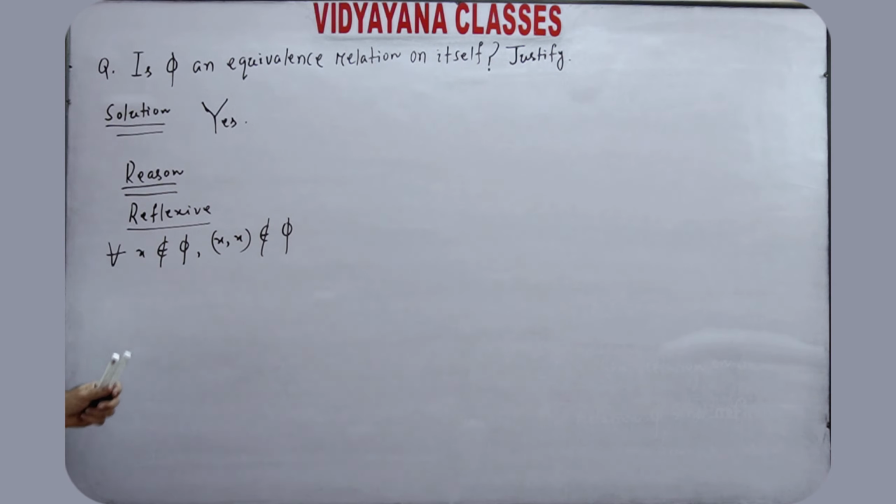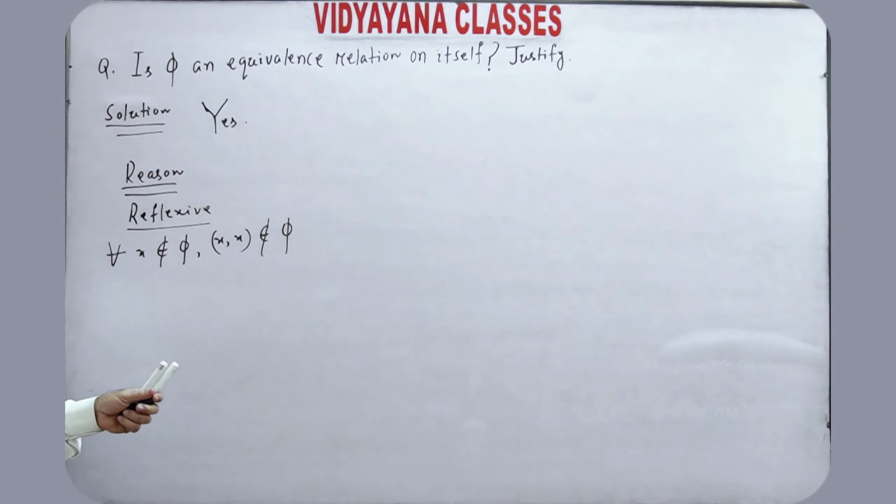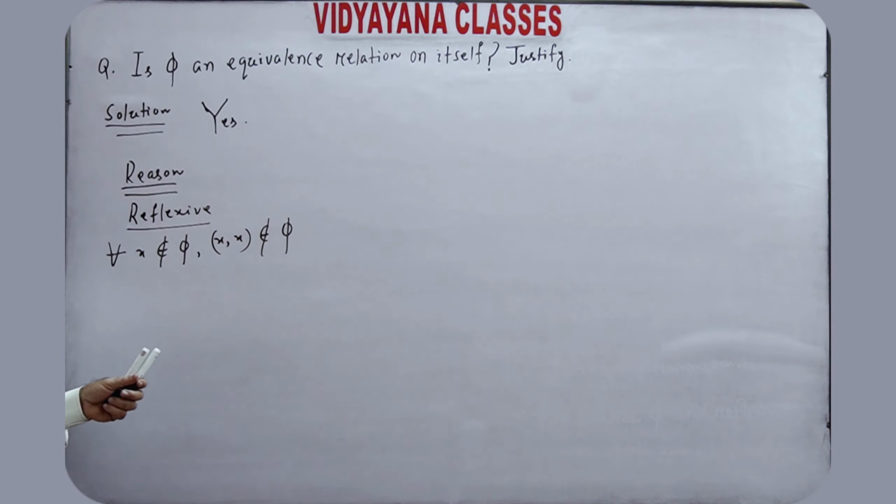R is reflexive if for all x belongs to the given set, (x, x) belongs to R, or we can say R is reflexive if for all x does not belong to A, (x, x) does not belong to R. It satisfies the second definition.